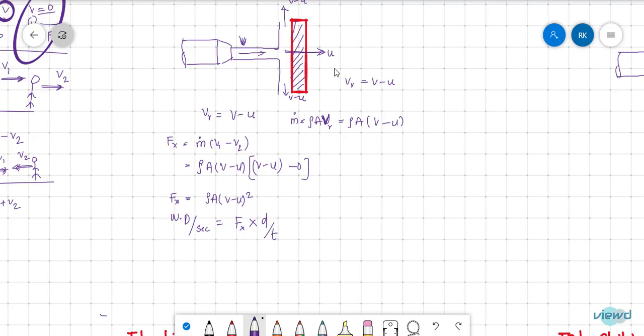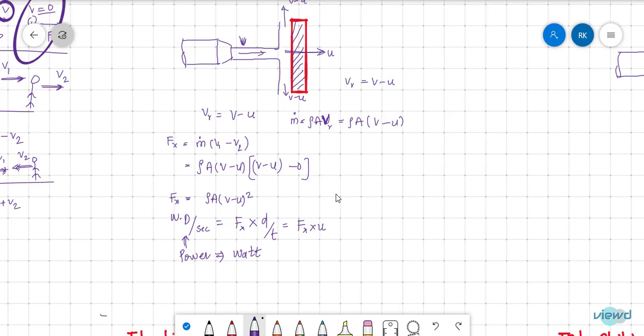We don't know how much distance is moved, so we take distance by time, which gives us velocity. So Fx into u gives us work done per second, or we can say that is power. The units are in watts. This is how we need to analyze this.